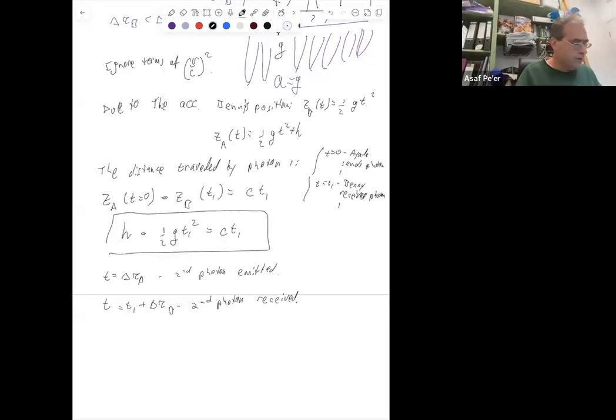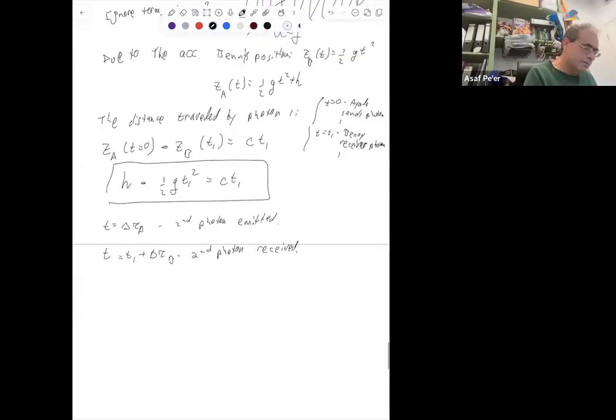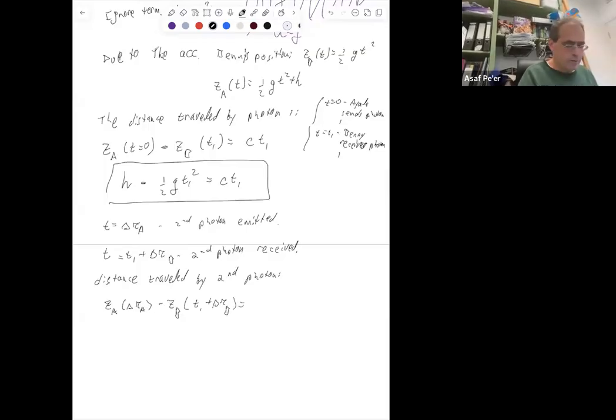So what is the distance traveled by the second photon? Z Ayala at delta tau Ayala minus Z Benny at T1 plus delta tau Benny is equal to what?